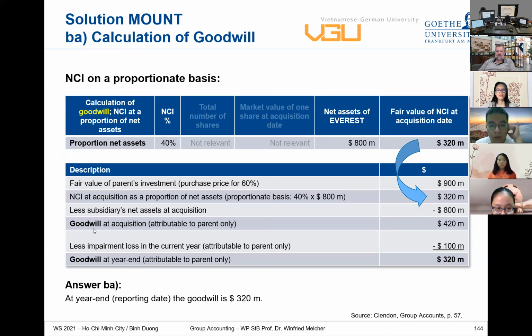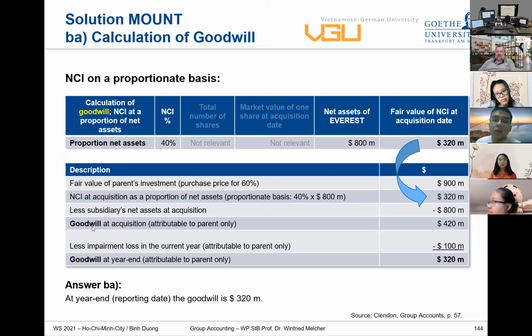So please note that we will call this goodwill only goodwill, or what was it? Proportionate. Sorry, I forgot that word. I think in the article there was a better word. So it was like partial goodwill. Yes, partial goodwill.